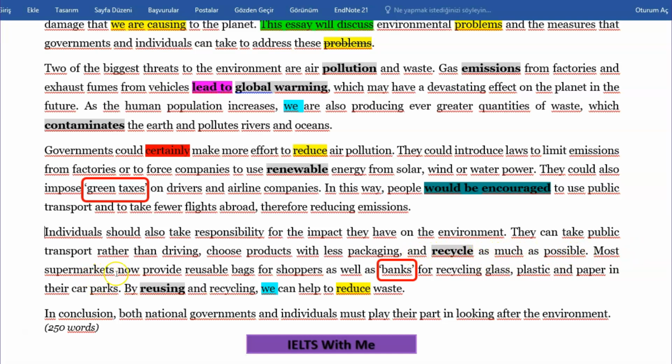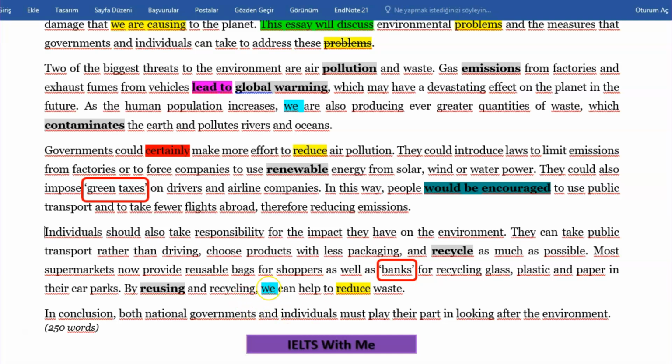Most supermarkets now provide reusable bags for shoppers, as well as banks. Again, the correct usage of the quotation mark for recycling materials, glass, plastic, and paper in their car park. By reusing and recycling, we can help to reduce waste. Right?